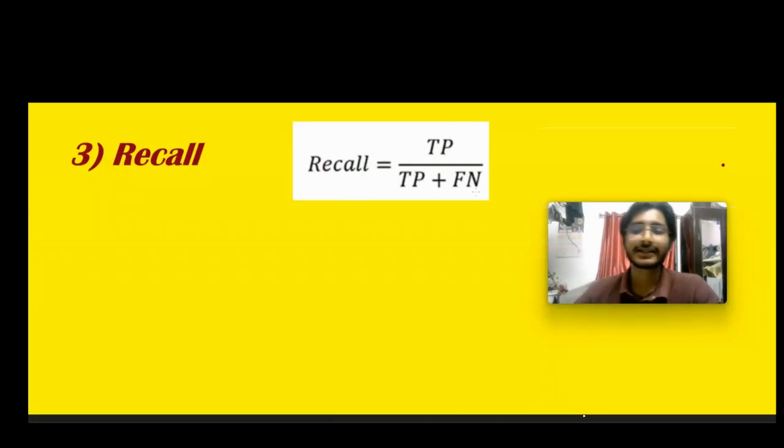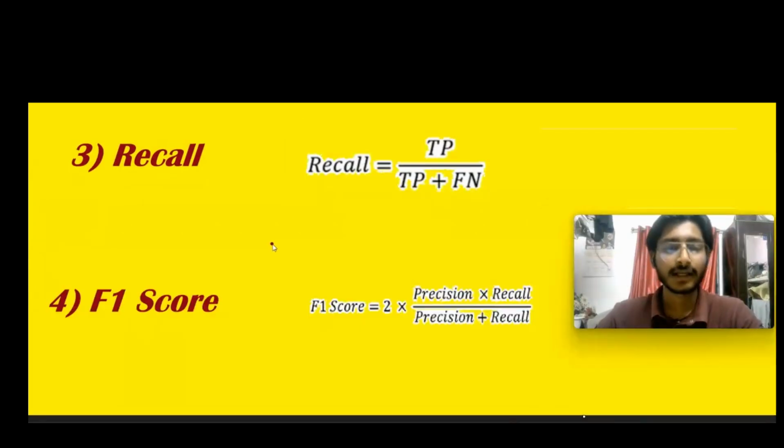Now, the F1 score. So what is the F1 score? Sometimes we need a balance between precision and recall, and for that we use the F1 score. The F1 score is 2 multiplied by precision times recall, divided by precision plus recall.